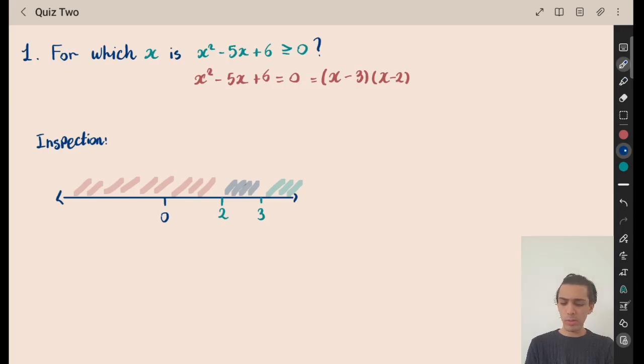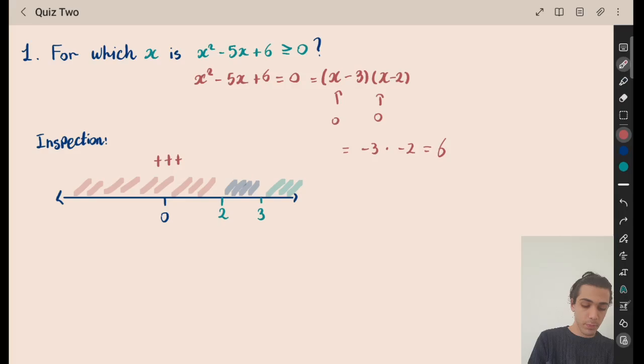If I put in 0 here and 0 there, what do I get? I get minus 3 times minus 2, which is 6. So I get a positive number. So the function is positive on this red area on the left. Good.